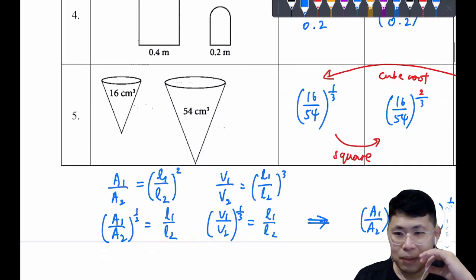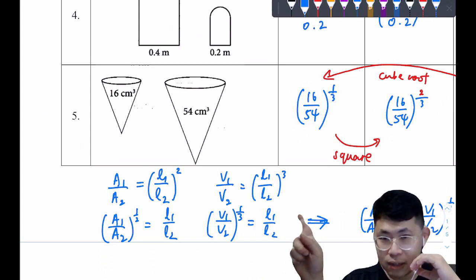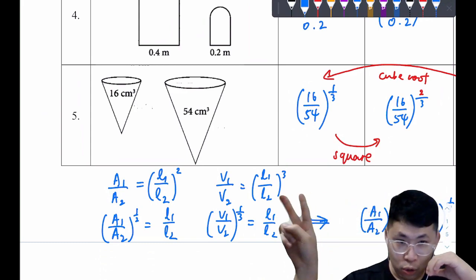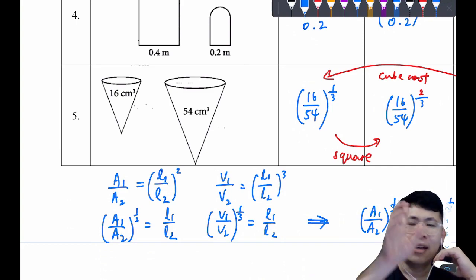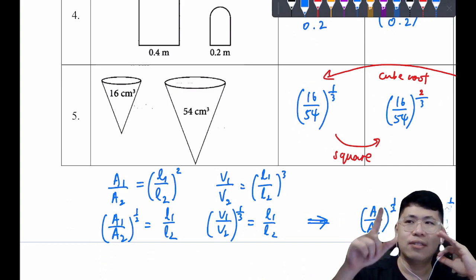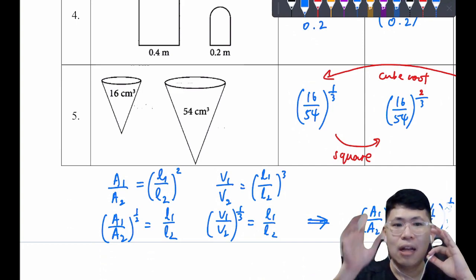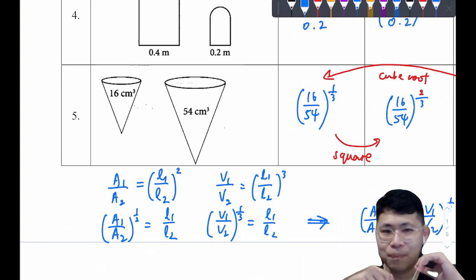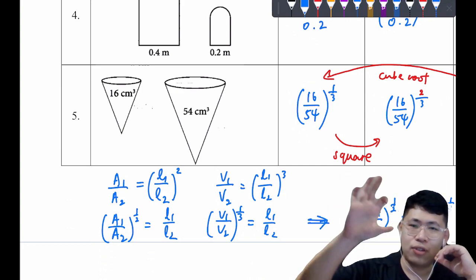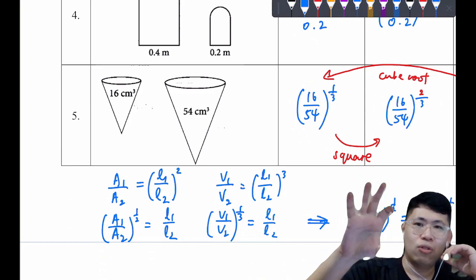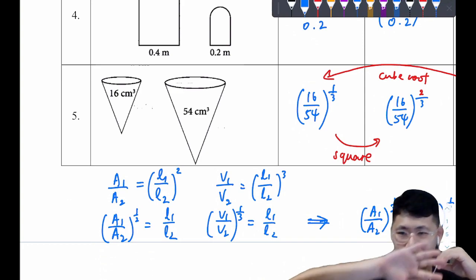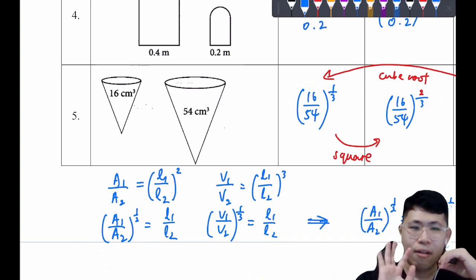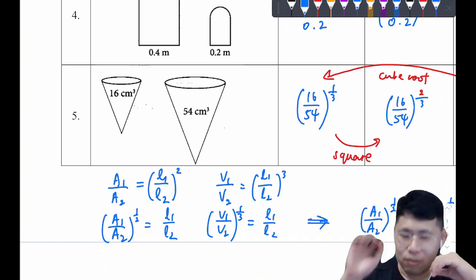So in chapter 10 we do similar area and similar volume, and for area we got one more special case where if the triangles are not similar but they share a common height, then the ratio of the triangles would follow one dimension because the height will cancel itself. Okay, so this is the whole part for chapter 10. Very easy chapter. Very, very easy chapter.